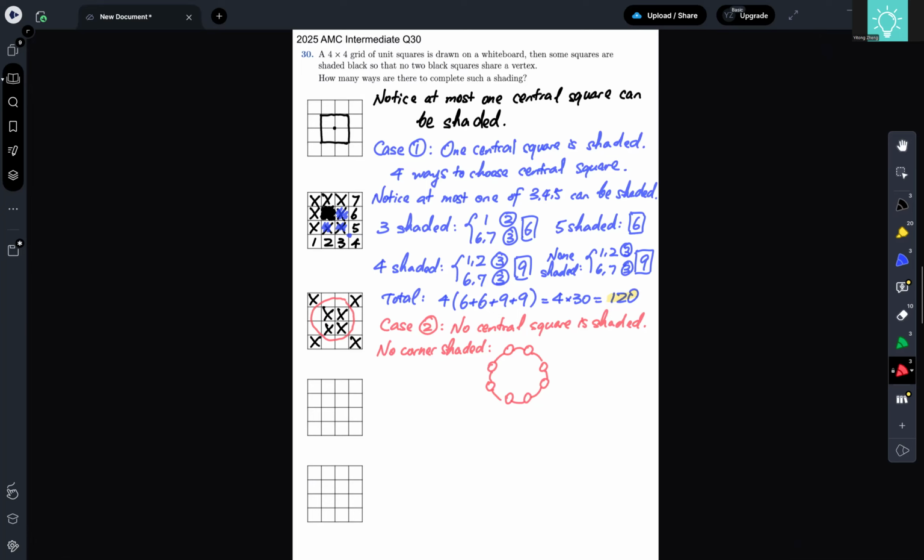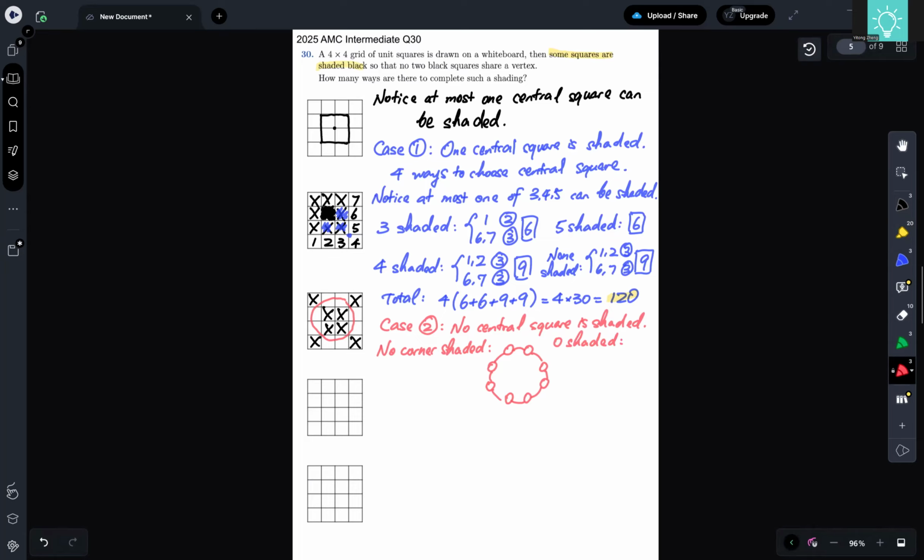Okay? So, well, 0 shaded. Are we allowed to shade nothing? If we don't shade anything in this ring, then we're shading nothing at all. But it says here that some squares are shaded black.